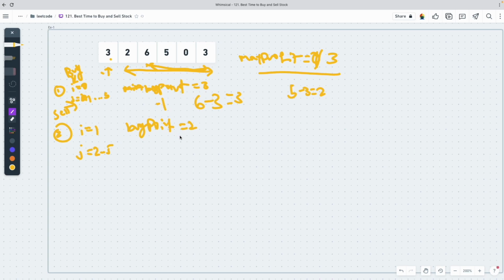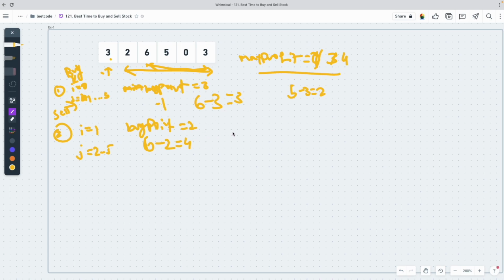So at j equal to 2, the actual value is 6. 6 minus 2 is 4. 4 is greater than the current max profit, so we will update the max profit to 4.